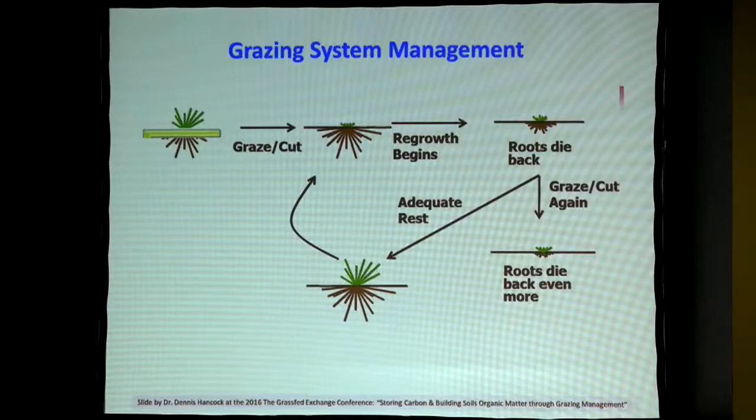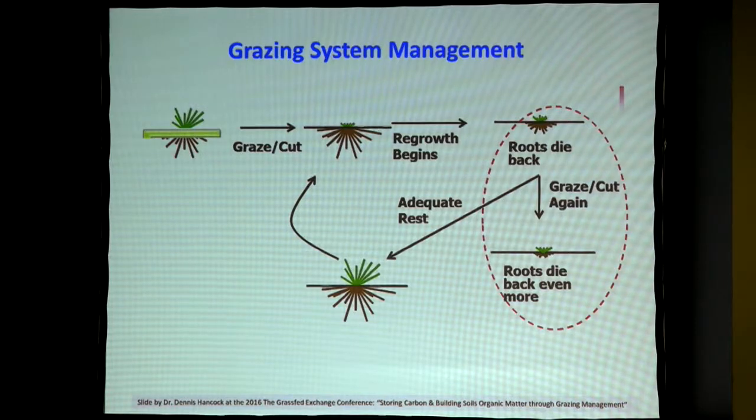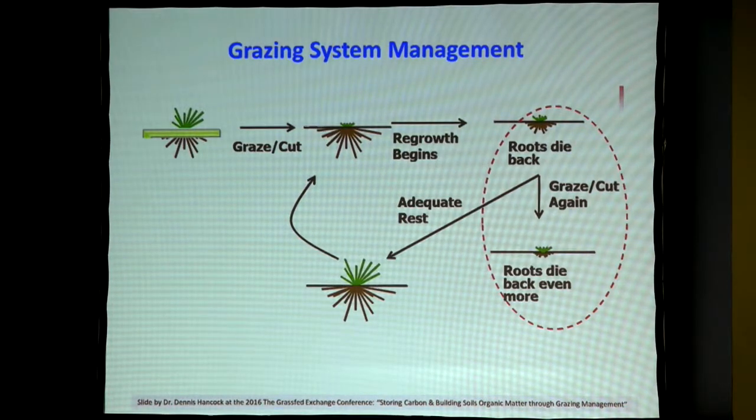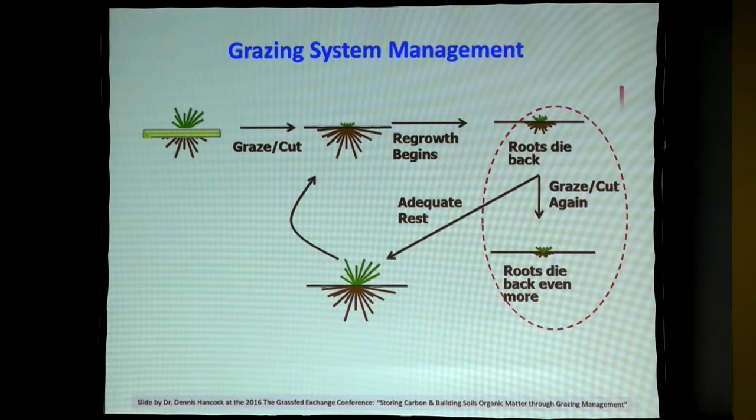One thing that is very interesting is in the grazing system. We graze, we cut, and what happens? The roots start dying back, okay? If we keep cutting, if we keep grazing, the root doesn't have enough time to grow.